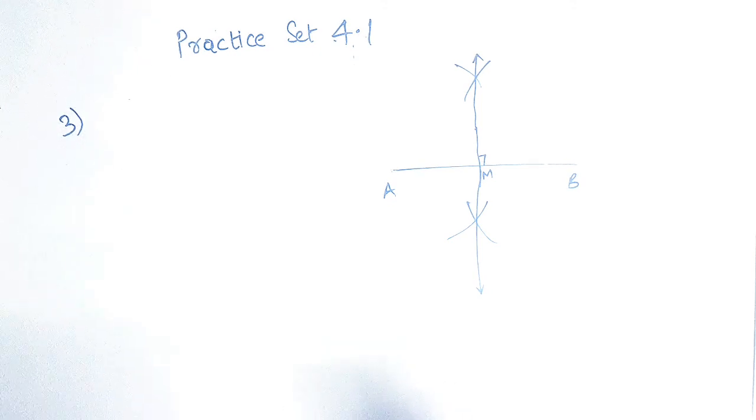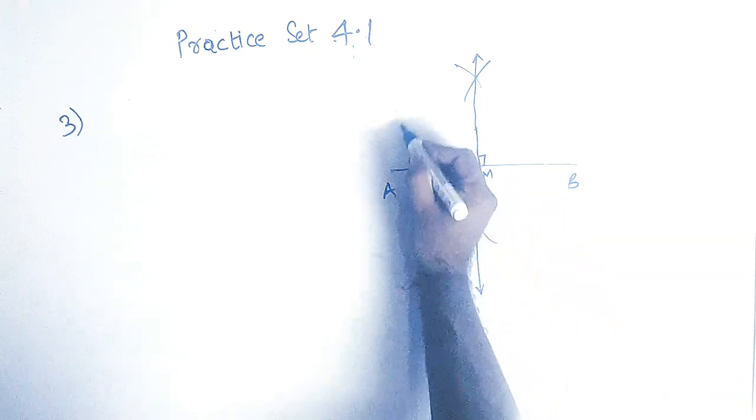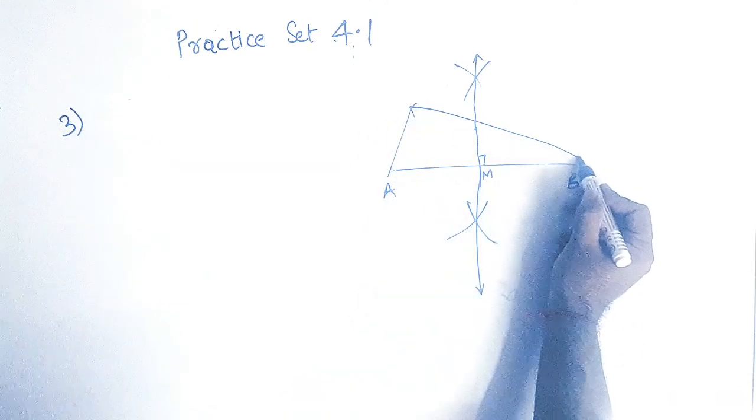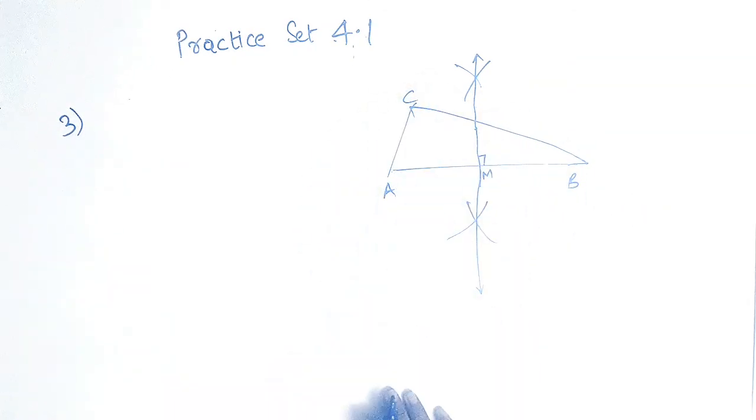So there is a way of getting the midpoint of any side. Similarly, if we can find the midpoint of one side in a triangle, we can also find the midpoints of the remaining two sides, all three sides.